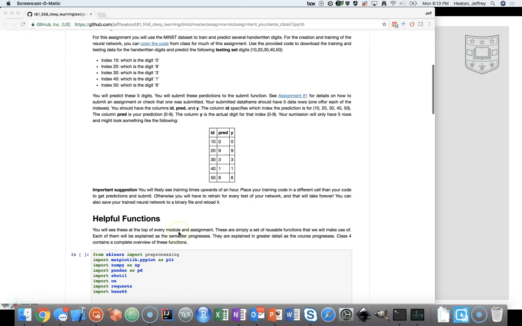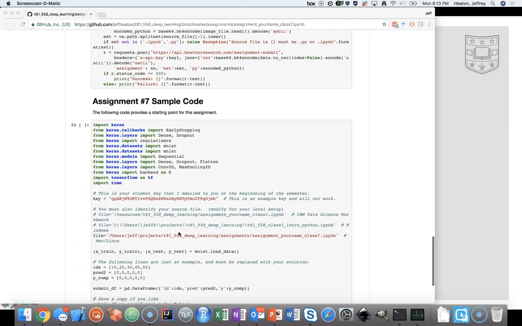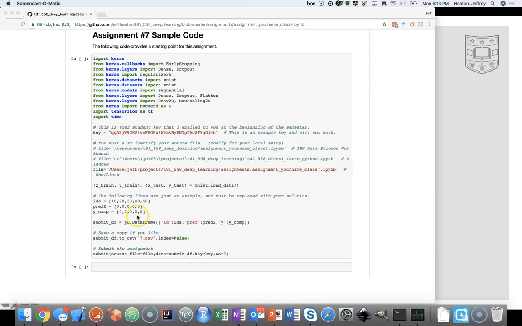I give you some code for this. This code basically reads in the data set from MNIST load data, so that saves you having to parse it. That gets you the training set and the test set.